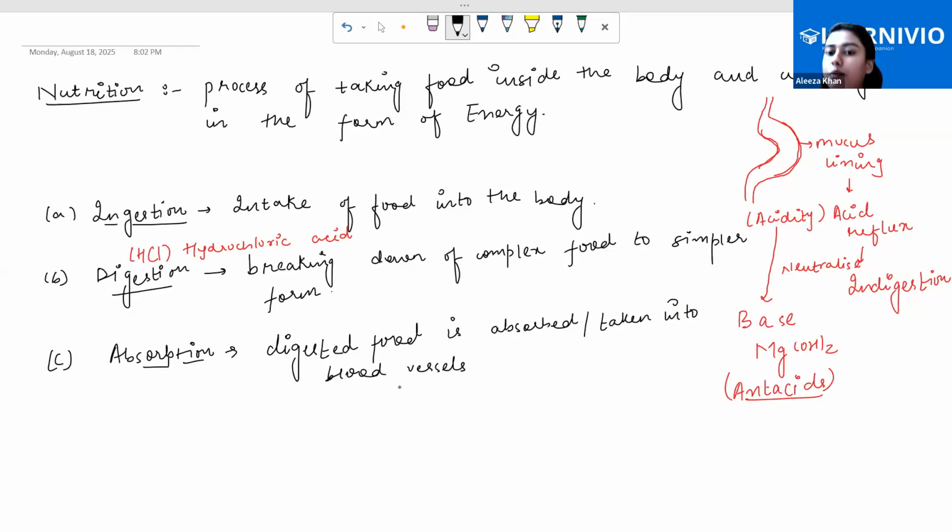Why is it taken into the blood vessels? I want to know the reason. Why is the digested food absorbed, taken into the blood vessels? Why is it not taken directly to the organ for utilization? Why is it taken through the blood vessels?